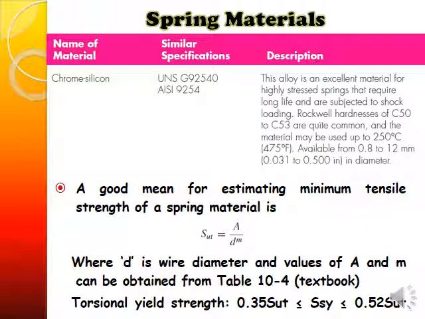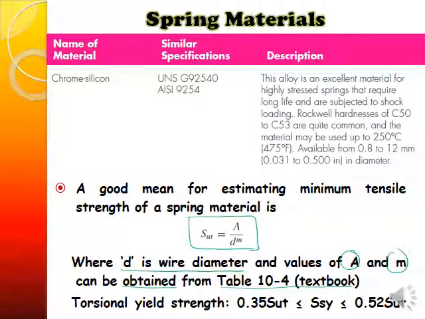So the equation that we use to determine the strength of a spring material is S ultimate is equal to A over D raised to the power M, where D is the wire diameter, while A and M are obtained from the table.